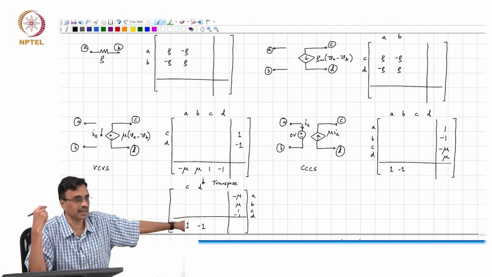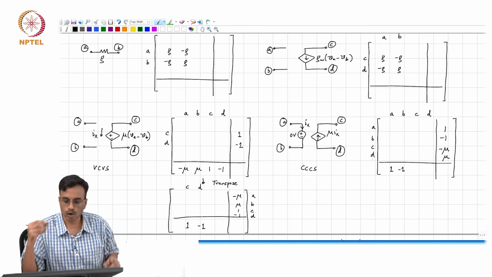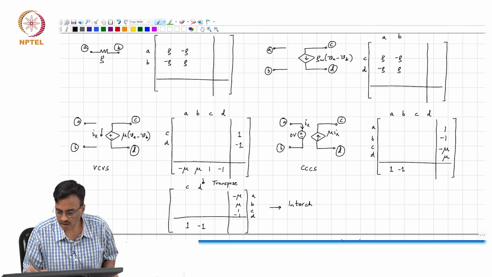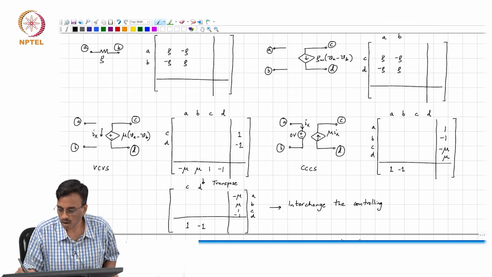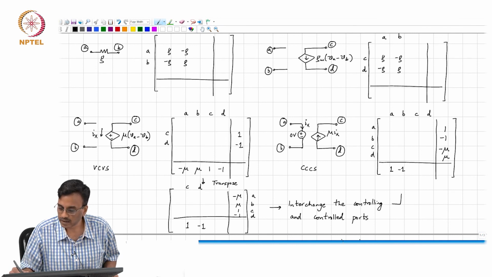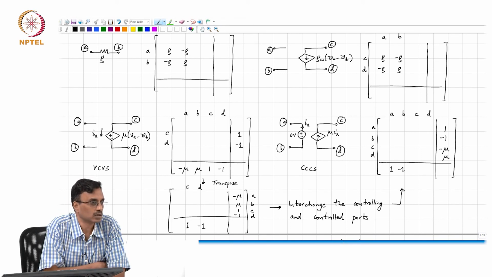There is a twist, and that is you must interchange the controlling and controlled ports. And then you will get the current controlled current source. Does it make sense, people?